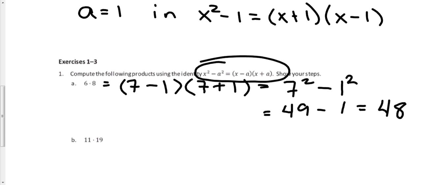We're looking for underlying patterns that are always true. That's what an identity is. An identity is a pattern that is always true no matter what. Okay? And we have a pattern here. So what we want to do is when we see it in life, we want to be able to use the patterns that we know to recreate and make our lives easier.